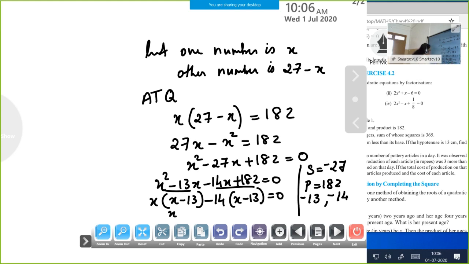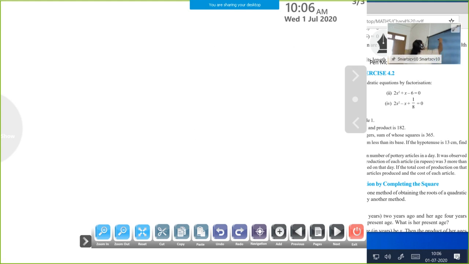That is x minus 13 into x minus 14 is equal to 0.